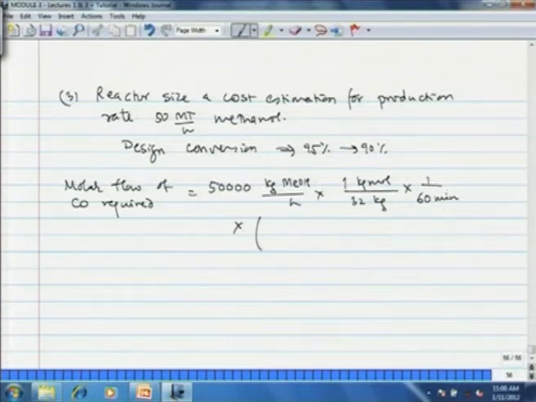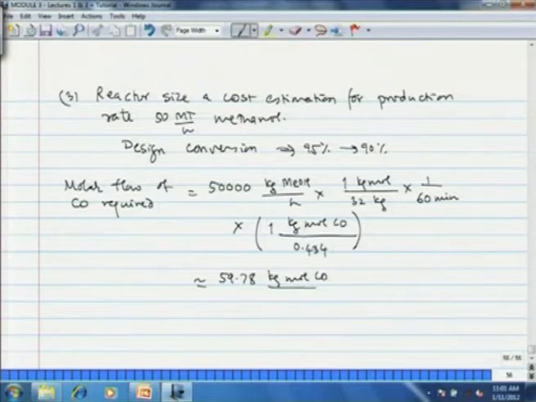And as I said, not all of the CO gets converted, so we take the 90% conversion, 90% of 0.484 that we estimated as equilibrium conversion. This turns out to be something like 59.78 kg mole CO per minute, which you can further approximate as 60 kg mole per minute.